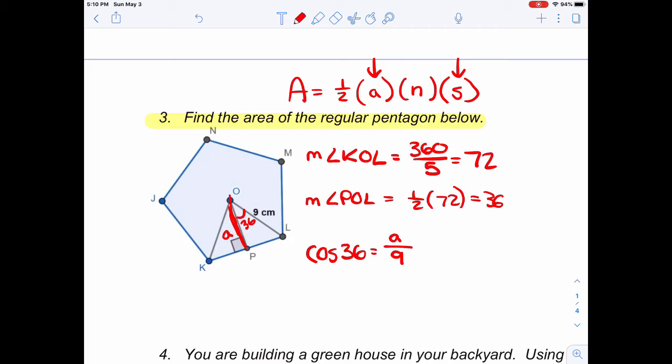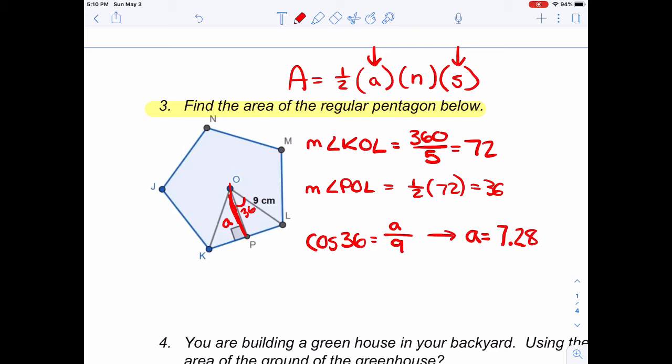If I go ahead and solve for A in that case, I'm going to get that A is equal to 7.28. And again, if you don't get that when you enter it on your calculator, please send me a message and I'll walk you through how to change your calculator to degrees, okay? So now that I have my apothem, I have two different options here.